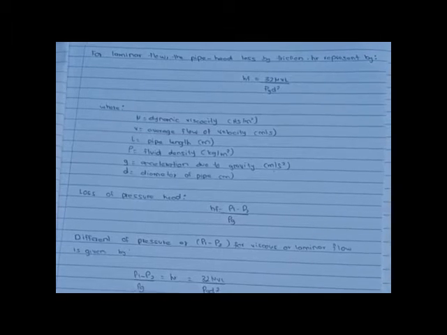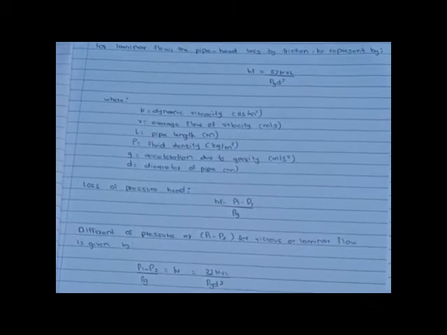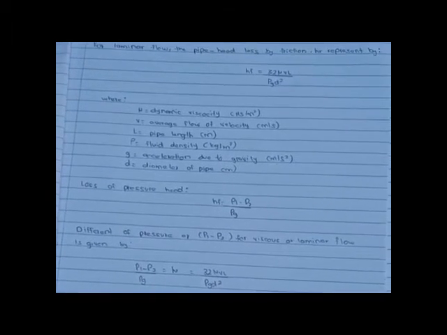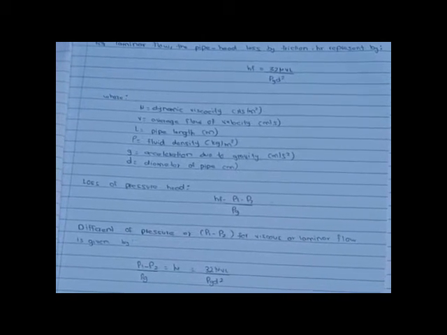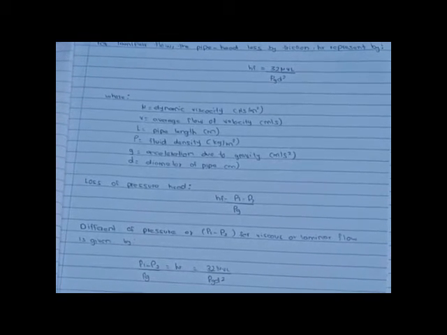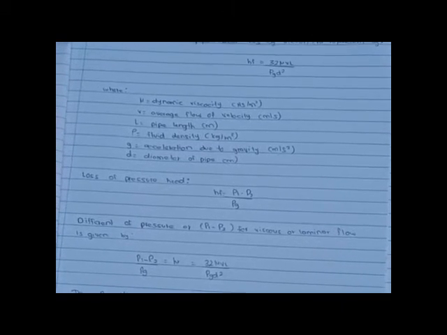L represents pipe length in meters, ρ is fluid density in kilograms per meter cubed, and g is acceleration due to gravity in meters per second squared. D defines the diameter of pipe in meters.